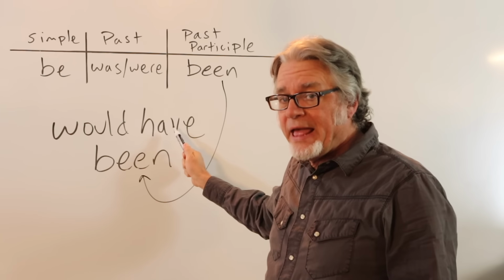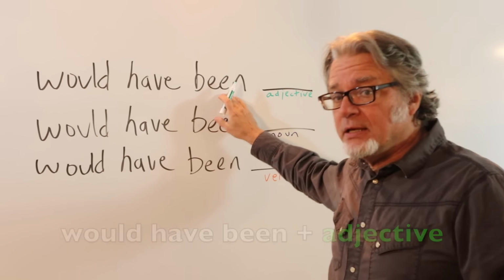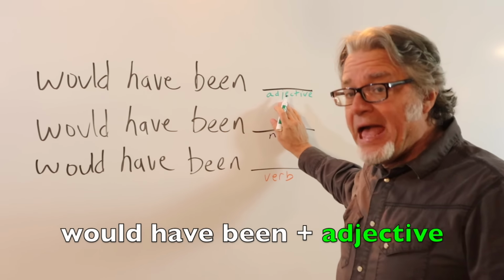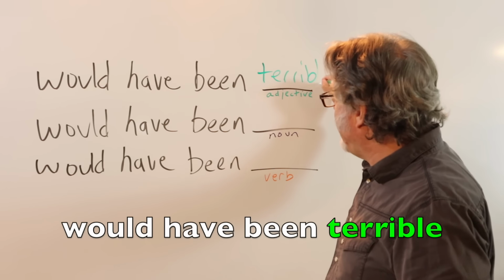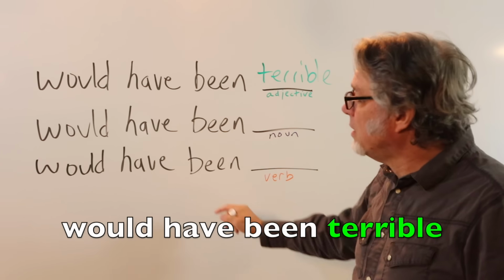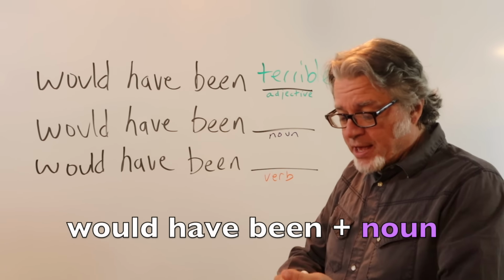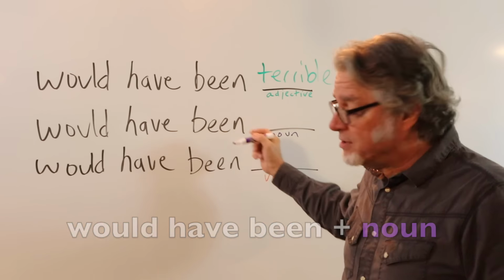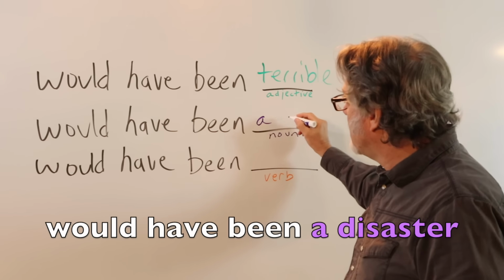after would have. After would have been, you can use an adjective such as terrible, or you could use a noun such as the word disaster, but you need an article.